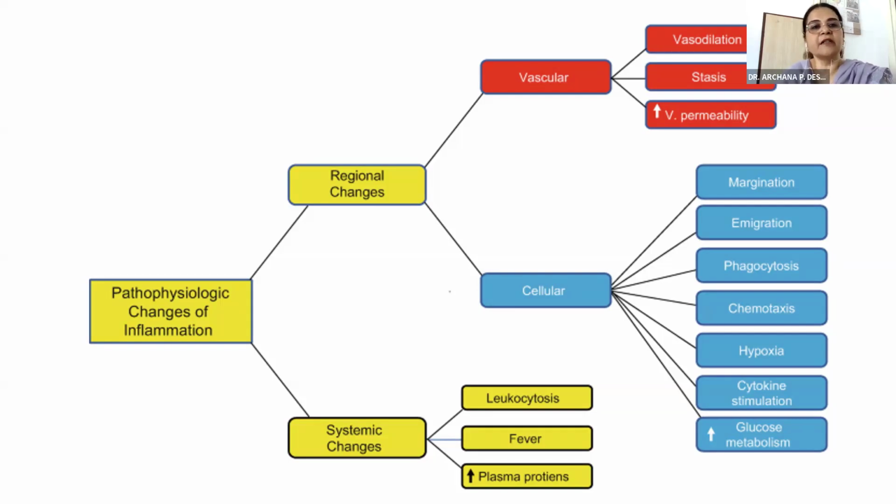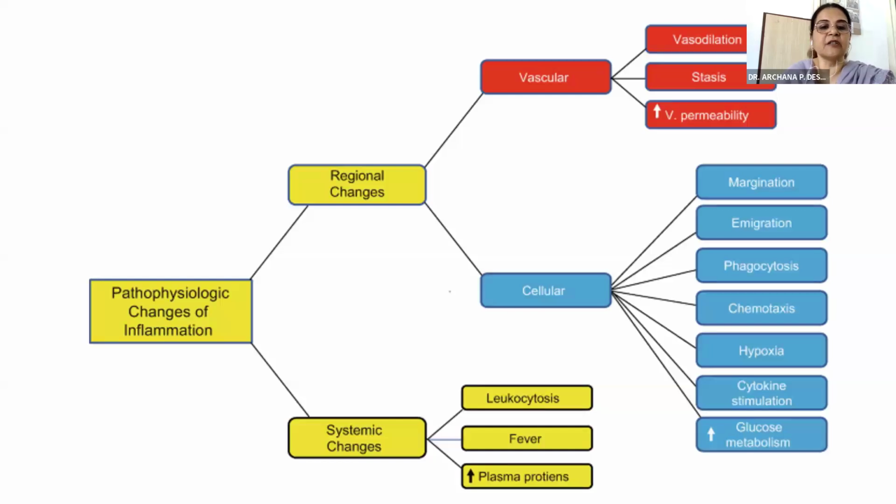And the cellular events are mainly related to the WBCs, the white blood corpuscles, where they marginate, emigrate, move out of the vascular compartment under the chemotactic force, move to the area of infection, phagocytose, and do away with the harmful stimuli or the organisms over there.